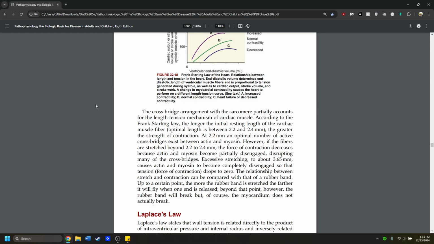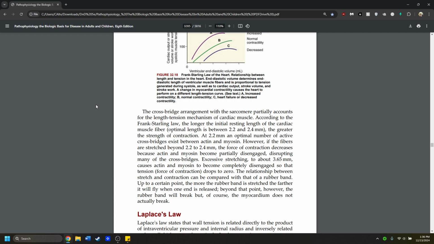However, if the fibers are stretched beyond 2.2 to 2.4 mm, the force of contraction decreases because actin and myosin become partially disengaged, disrupting many of the cross bridges. Excessive stretching to about 3.65 mm causes actin and myosin to become completely disengaged, so that tension, the force of contraction, drops to zero.